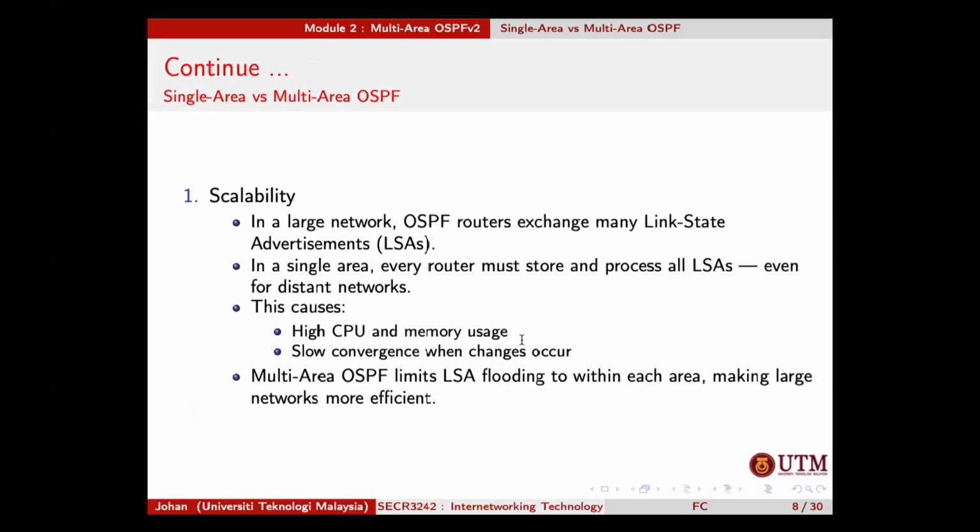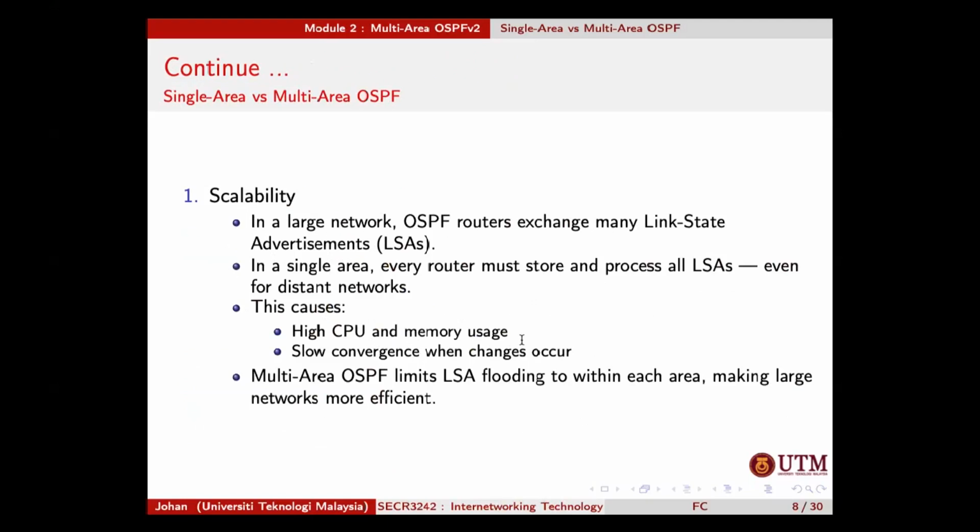The scalability. In a large network, OSPF routers exchange many link state advertisements, or LSAs. In a single area, every router must store and process all LSAs, even for distant networks.